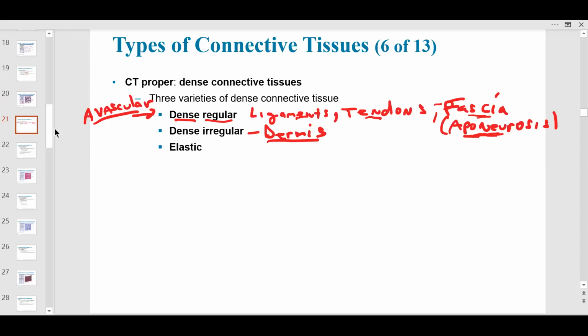The hypodermis is more loose connective tissue like adipose, but there's also areolar there too. And then your elastic connective tissue, elastic CT, not elastic cartilage. This is the one you see in blood vessel walls like the aorta. The aorta is working under high pressure because the left ventricle of the heart is pushing blood into it at very high pressure.